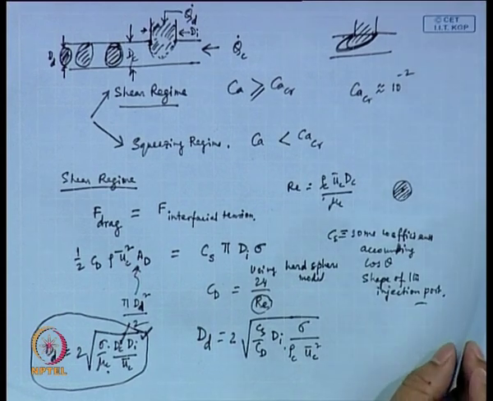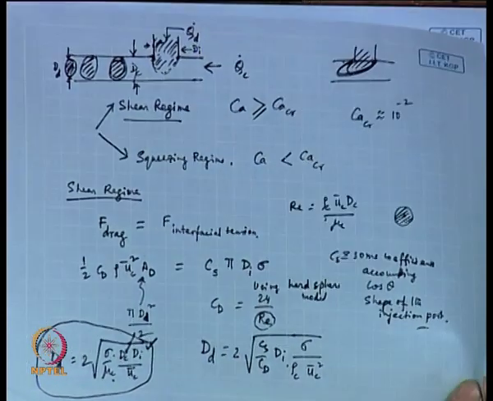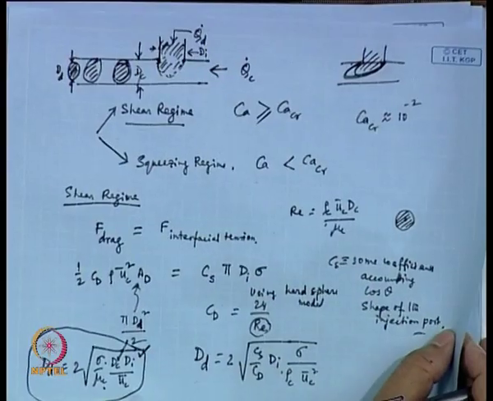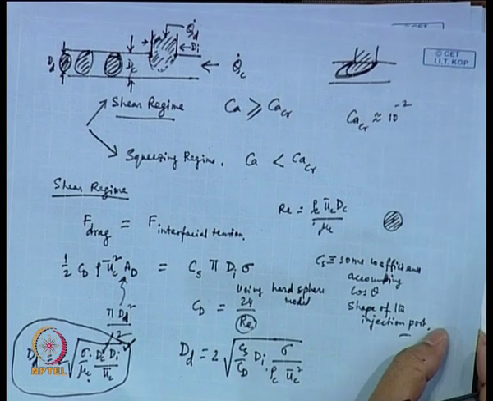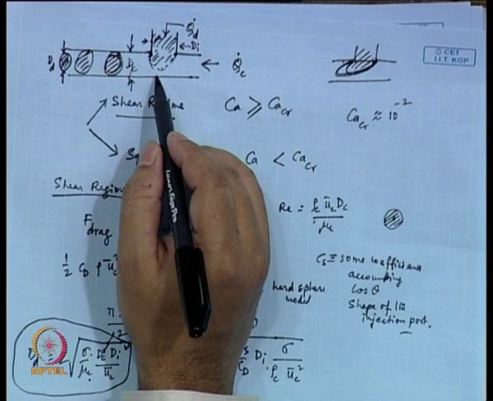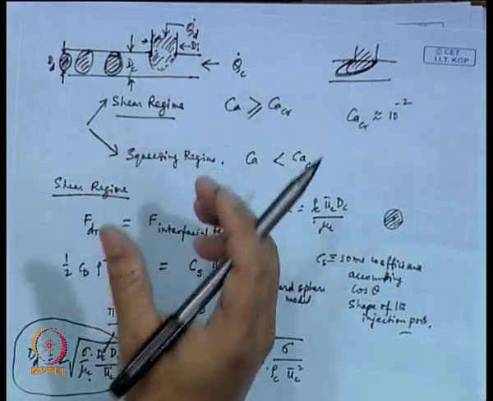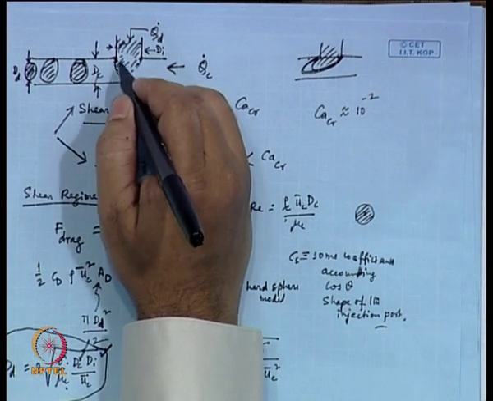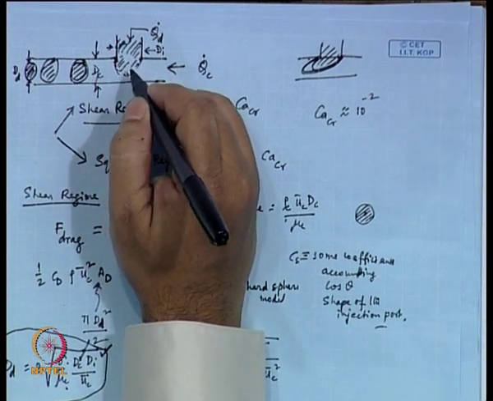Now, this is what I called the shear regime. We have another regime to talk about. One thing I must point out is that when you are working in the shear regime and forming droplets like this, it has been found from imaging studies that there is some shear going on inside the droplet.